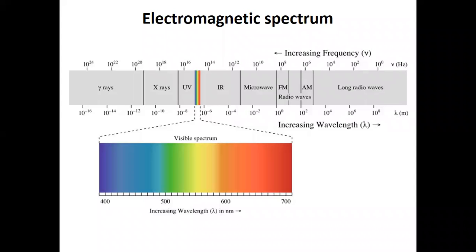And the visible light is a very narrow band in this spectrum. So with our own eyes, we can only see a little part of the electromagnetic spectrum.